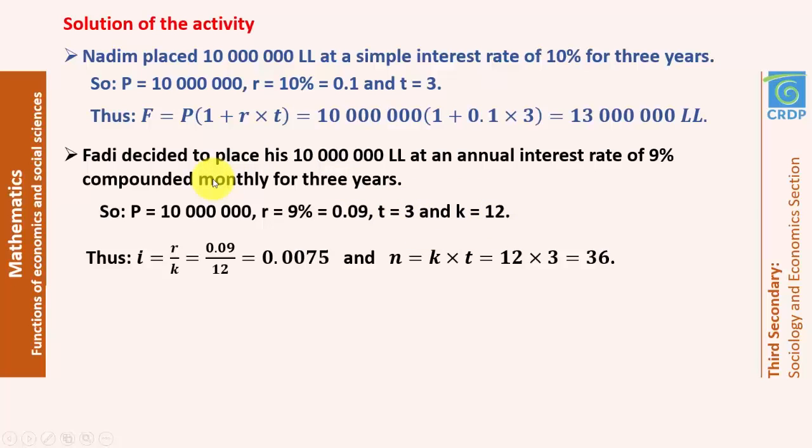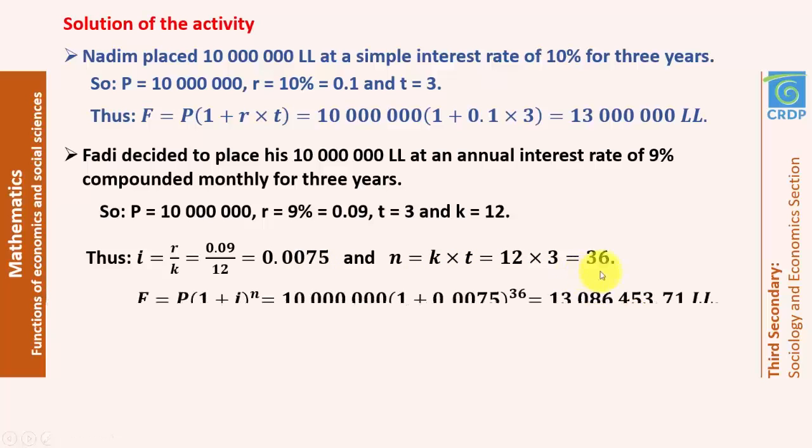So we have 12 months in a year, and this is the yearly period. Thus, I accordingly is R over K, which is 0.09 over 12, which is 0.0075, and N equals TK, which is 12 times 3. This is equal to 36.